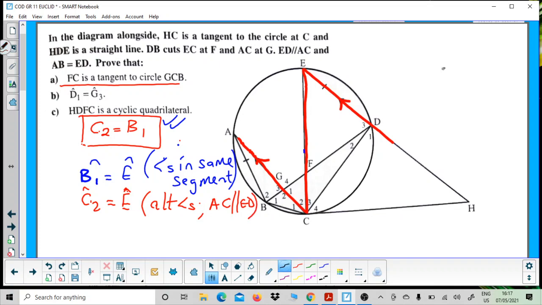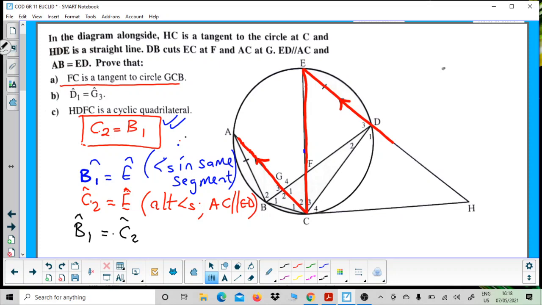All right. Now, after you do that, what conclusion can I make here? Are you beginning to get half of what I'm saying? Or maybe everything that I'm saying? I'm content with that actually. Well done. So B1 is equal to C2 now.